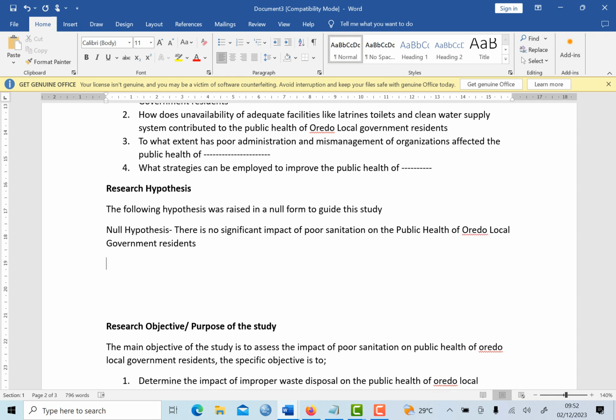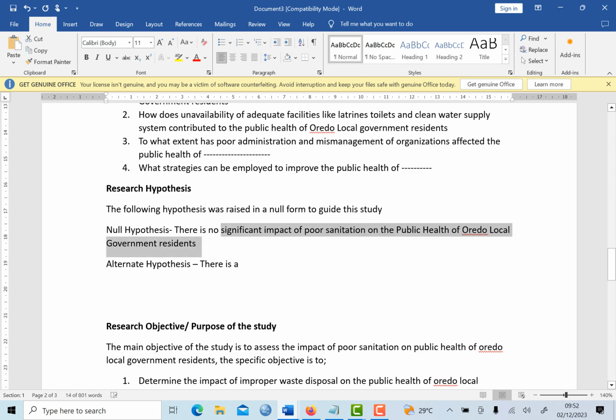Then the alternate hypothesis is the opposite. It is the same thing.